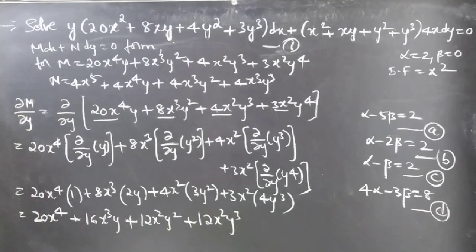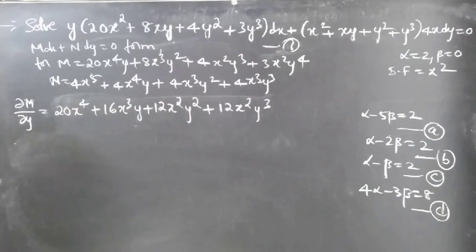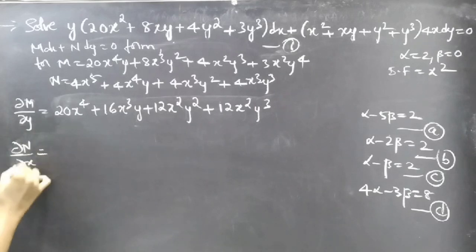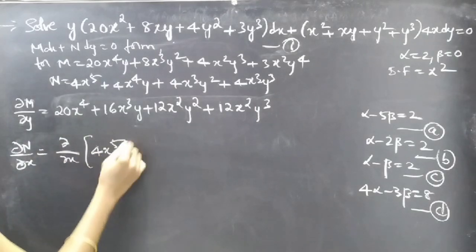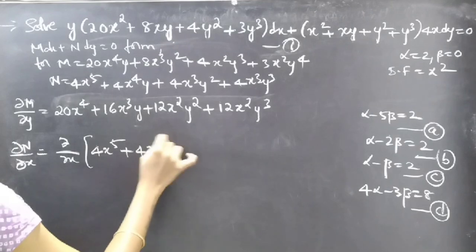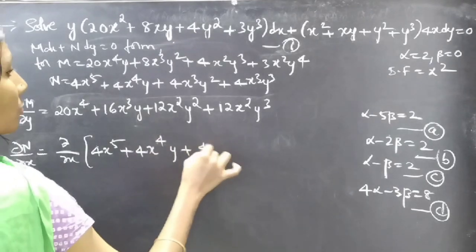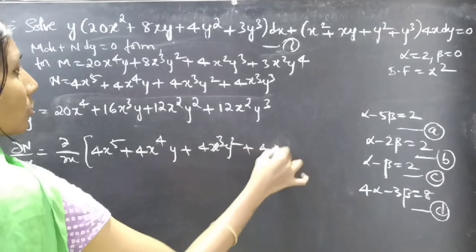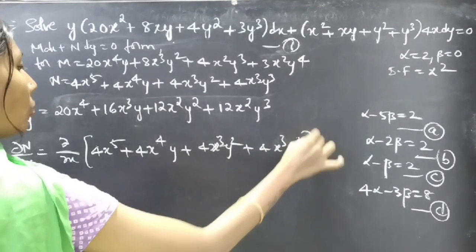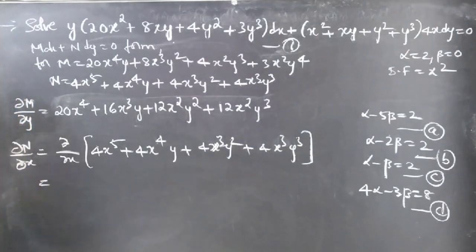Now we are going to find the partial derivative of N with respect to x. For N equal to 4 x power 5 plus 4 x power 4 y plus 4x cube y square plus 4 x cube y cube, here we need to partially differentiate all the terms with respect to x. So here y is treated as constant.